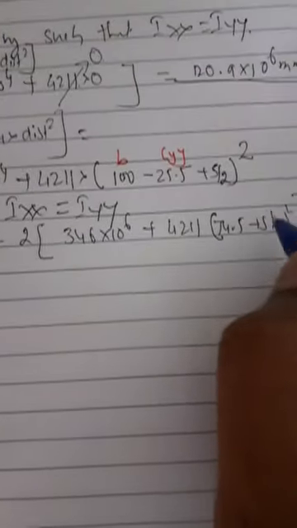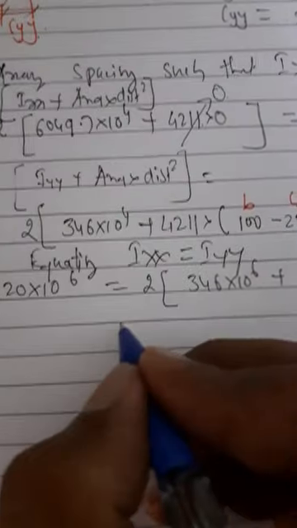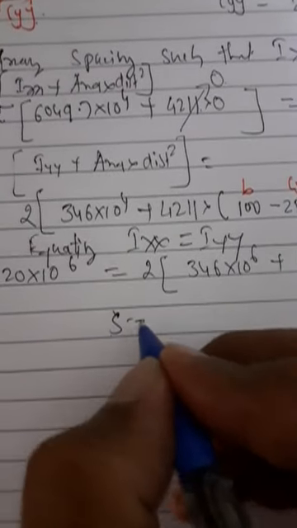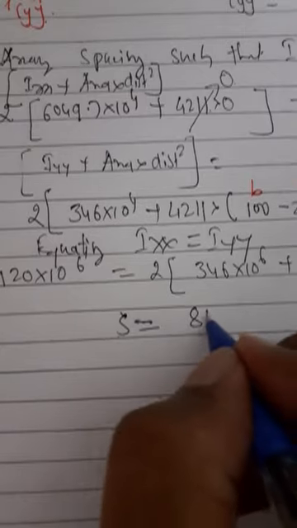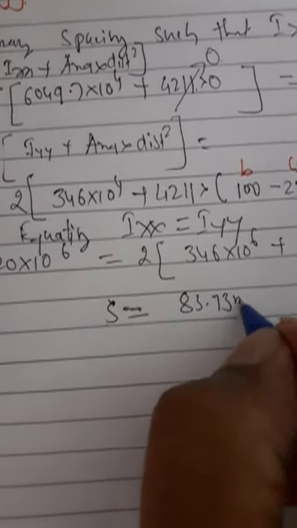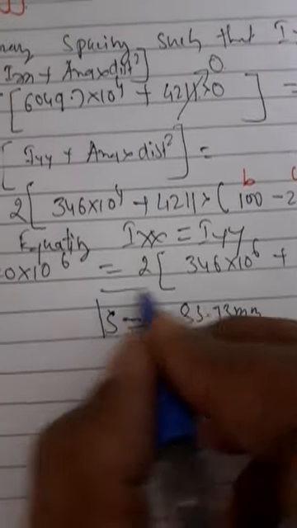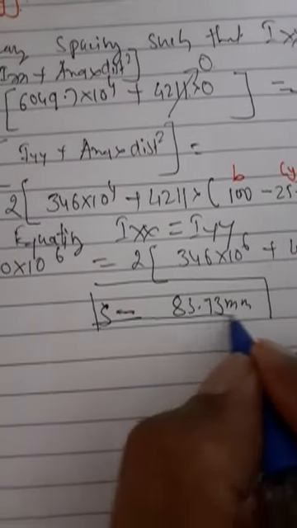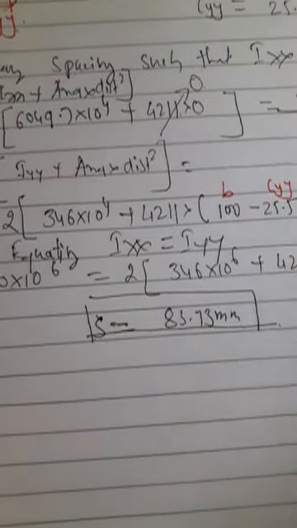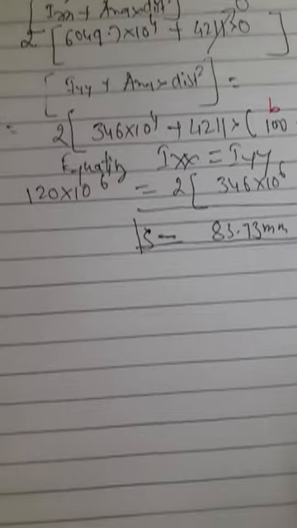Solve it to get the value of S. So solving this, I get S equal to 83.73 mm. So spacing S should be 83.73 mm for IXX equal to IYY.